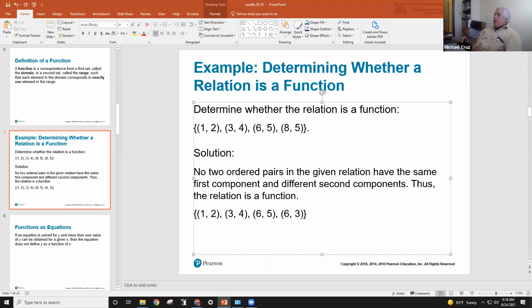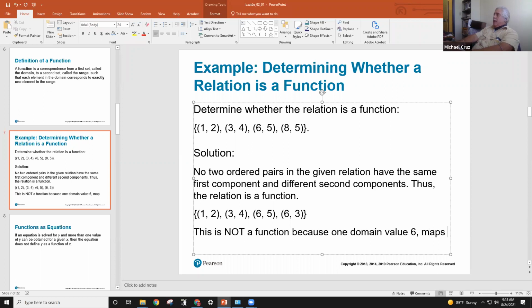So 1 and 3 are fine, but 6 repeats and it goes to two different values. So this is not a function, because one domain value, 6, maps to two different y values. So this one would be a function, and this would not.